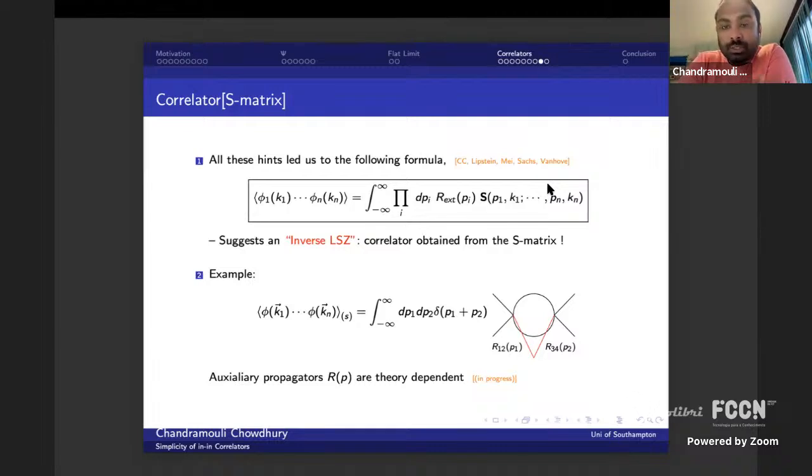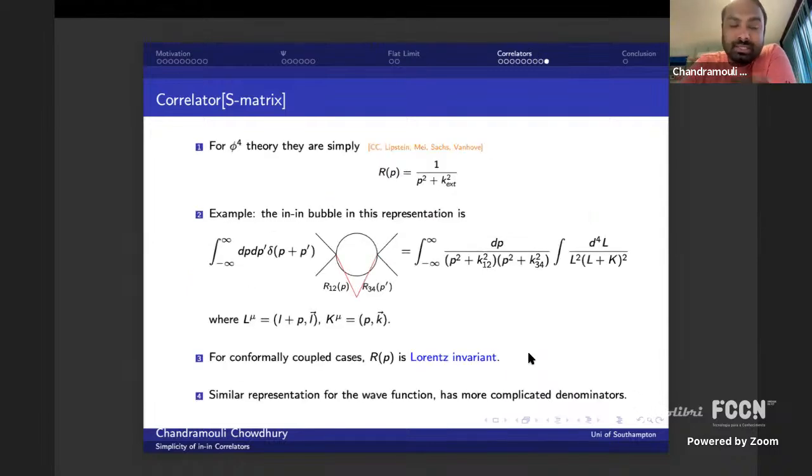Okay. Just to give you an example of this in practice, because this was quite formal, you can take the bubble diagram in flat space, and then you attach these two propagators. What I'm denoting by R here is denoted by these red propagators, and you integrate over these P1 and P2. The exact structure of these R's is theory dependent. But for the case of interest, let's say for phi^4 theory, R just looks like 1 over P squared plus K external squared.